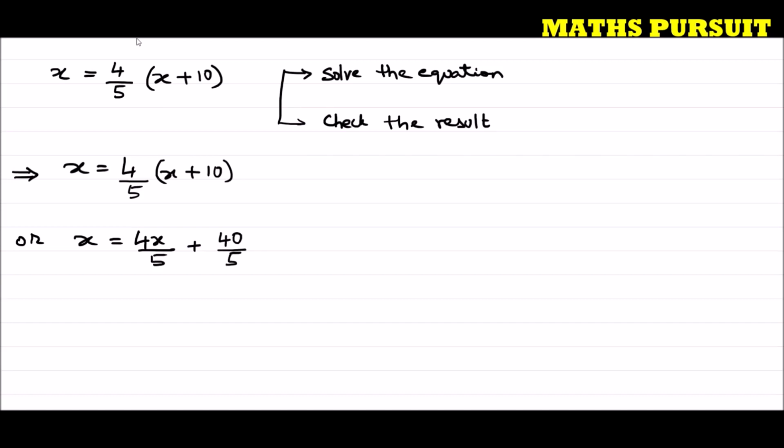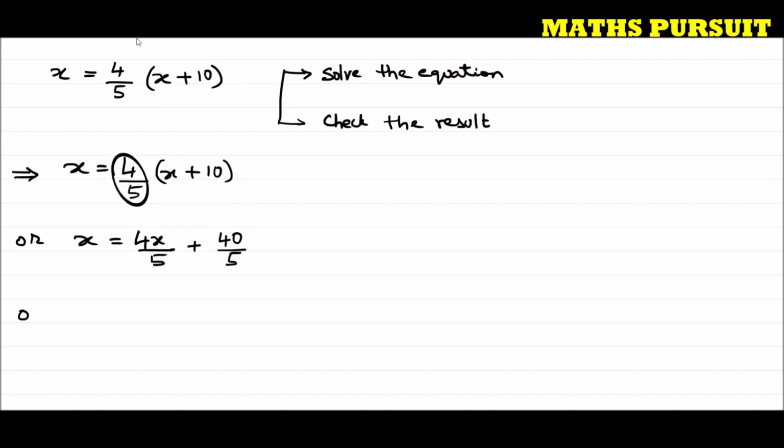What I am doing here, guys, is just multiplying this 4/5 with x + 10. Now what I got is 4x divided by 5 plus 40 divided by 5. This is what I got here.